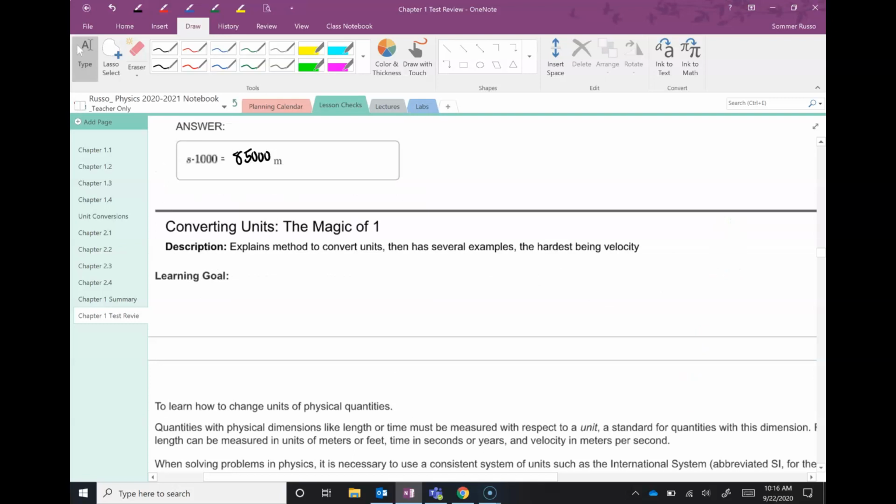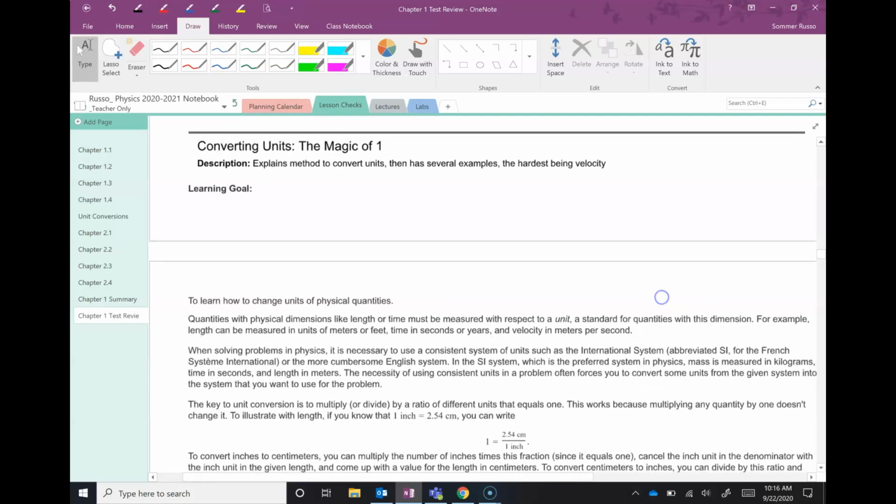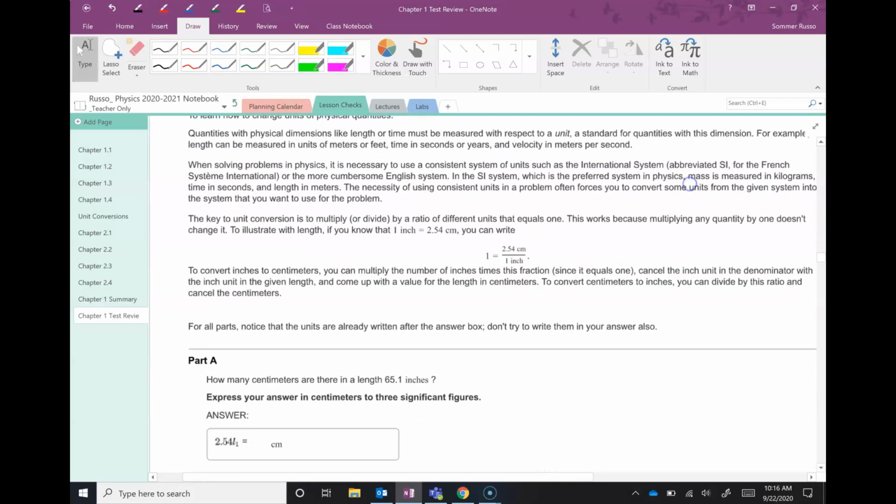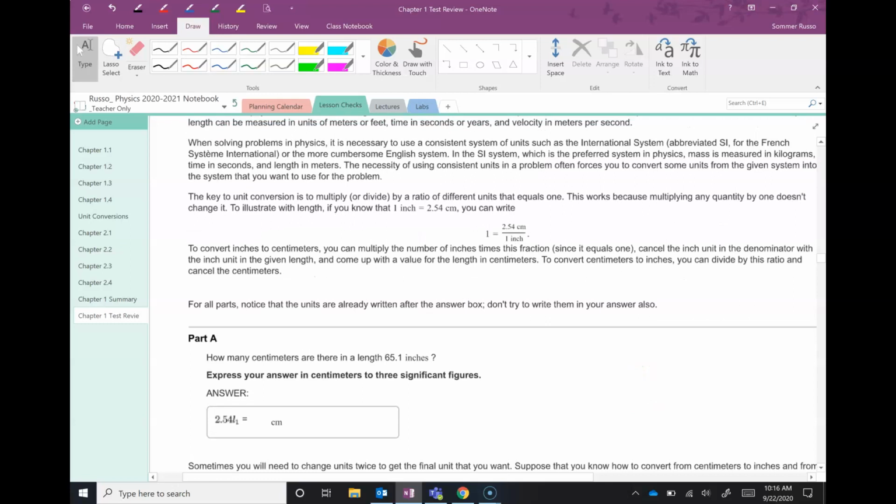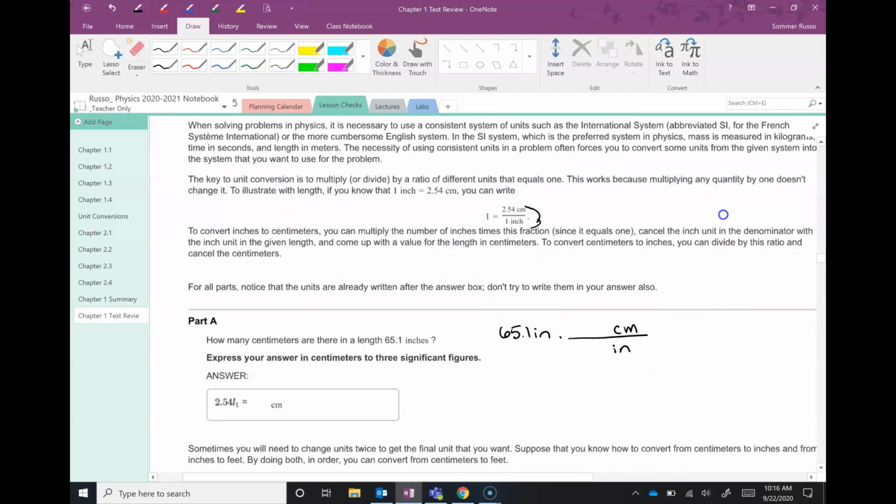All right. Now we are looking at conversions. We have practiced conversions a lot. Just go ahead and make sure that we are on the right track. So this first one, we are converting between inches and centimeters. If we have 65.1 inches and we want it in centimeters, my centimeters is going to go in the top. My inches is going to go in the bottom. We found that conversion factor by reading all of this stuff: 2.54 centimeters per 1 inch.